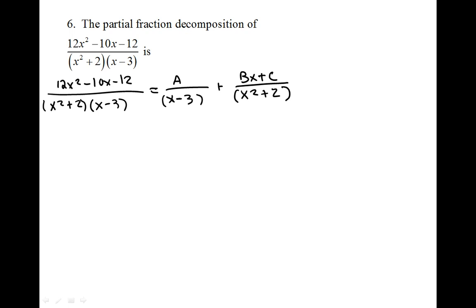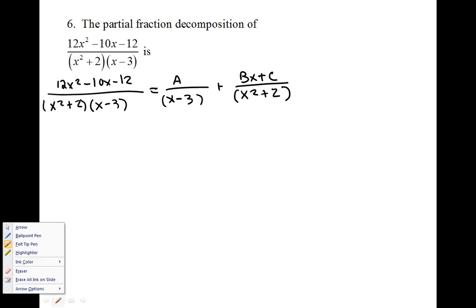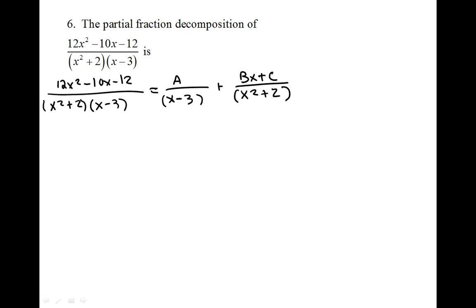And we'll multiply everything by our least common denominator, x squared plus 2 times x minus 3. X minus 3 cancels, x squared plus 2 cancels.